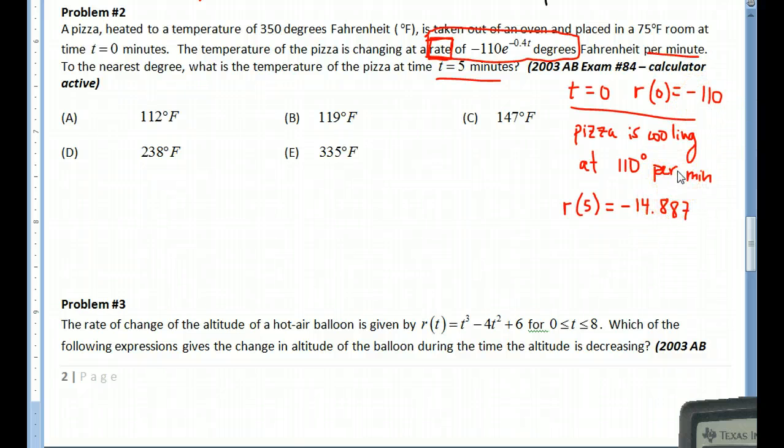Because in the beginning, there are bigger changes, like 350 to 75. Then they start getting really close. Right, the closer you get to room temperature, the more slowly it's going to cool off. So pizza is cooling at about 15 degrees per minute.